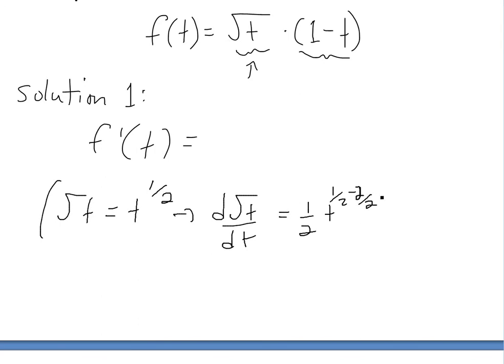This is just the basic power rule for derivatives, and it equals 1 over 2 t to the negative 1 over 2, or 1 over 2 square root t, with the square root t going at the bottom.